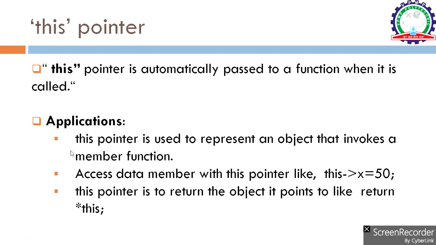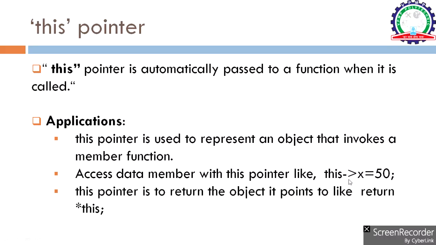The this pointer is used to represent an object that invokes a member function. For example, getData is my member function and object P1 is currently accessing it. Then by using this dot getData, I can know which object is currently using the particular member function.